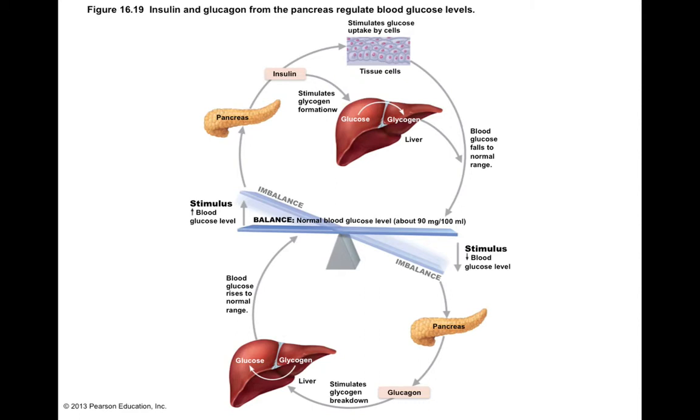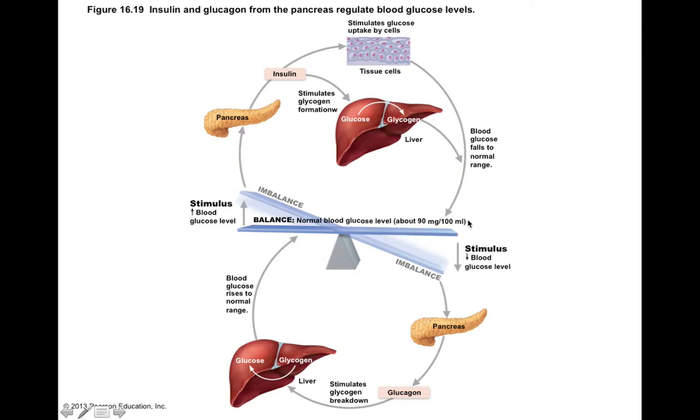Now, what we see here on this slide is basically just showing a negative feedback mechanism for blood glucose homeostasis. We're going to have normal blood glucose levels, which are about 90 milligrams per 100 milliliters.